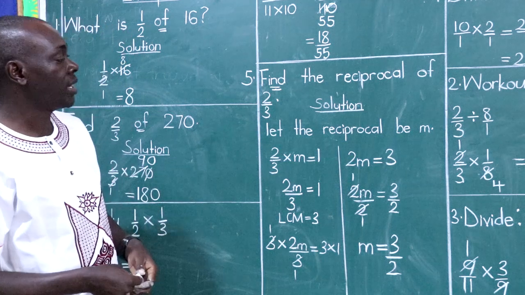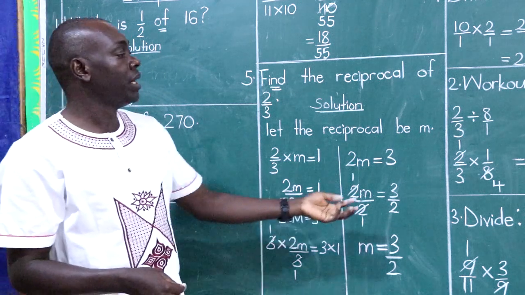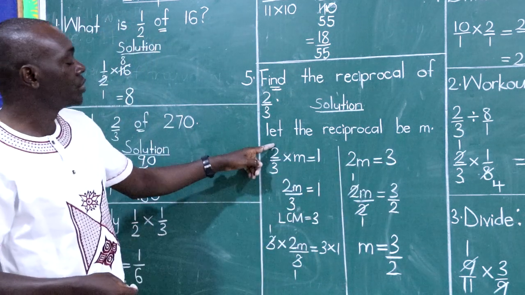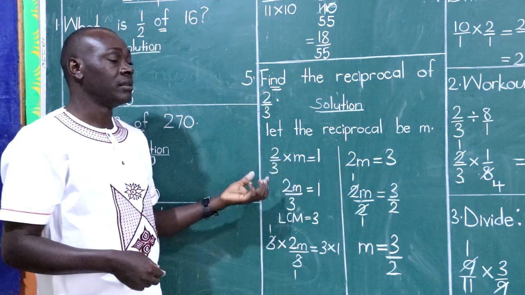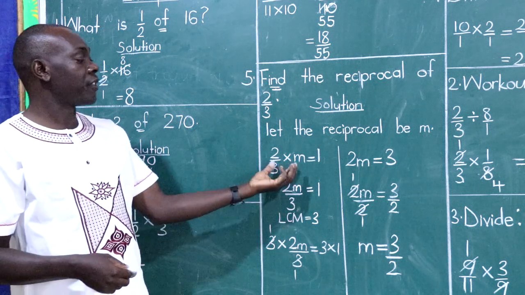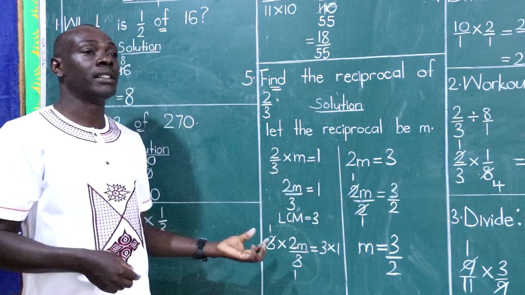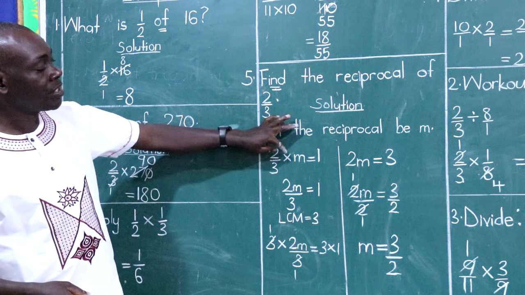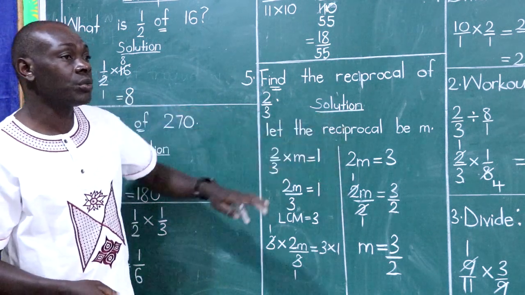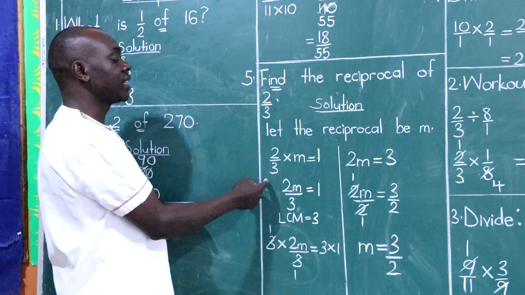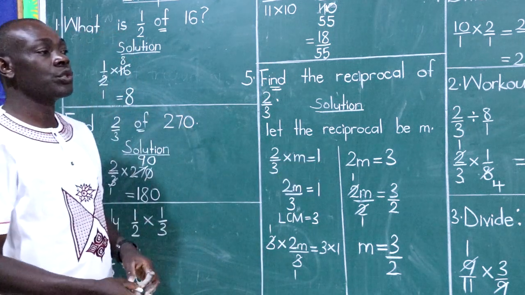You are free to choose any other. Let the reciprocal be m, such that 2/3 times its reciprocal m is equal to 1, because the product of a fraction and its reciprocal is 1. So we say 2/3 times m is equal to 1.